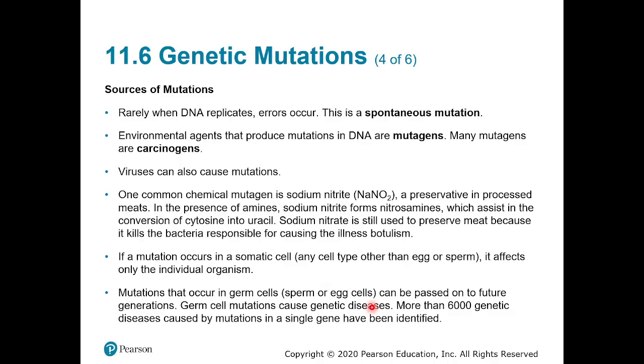Germ cell mutations will give you genetic diseases. There are more than 6,000 genetic diseases caused by mutations in a single gene that have been identified. Note that this is not just how you get genetic diseases, it's also how you evolve, right? So if that mutation has no particular negative effect, we would call that evolution, right?